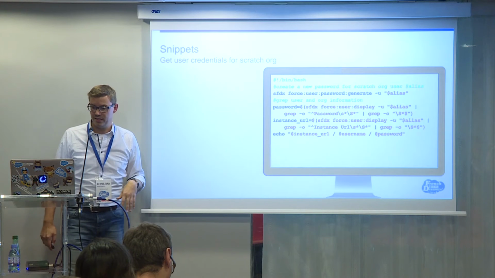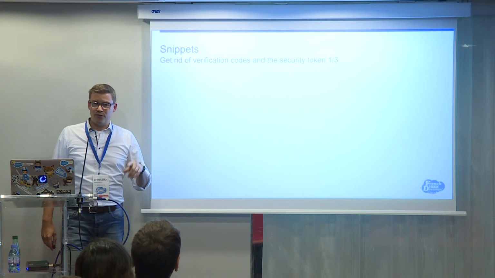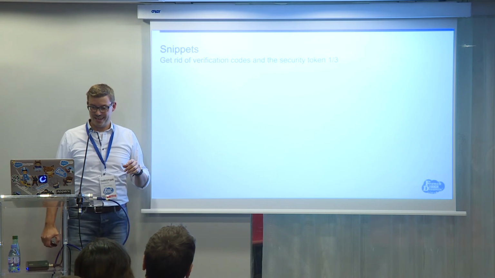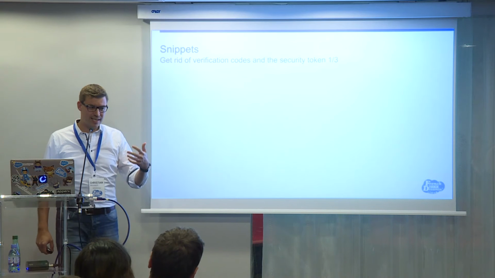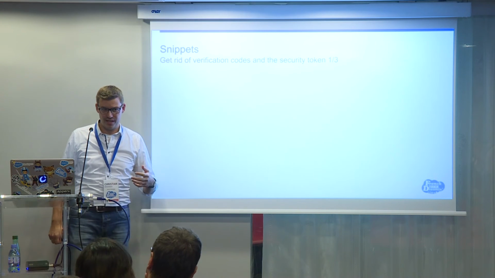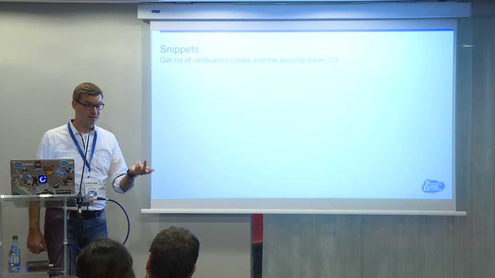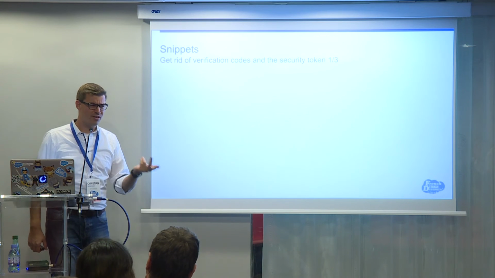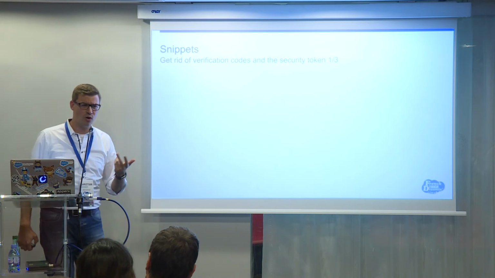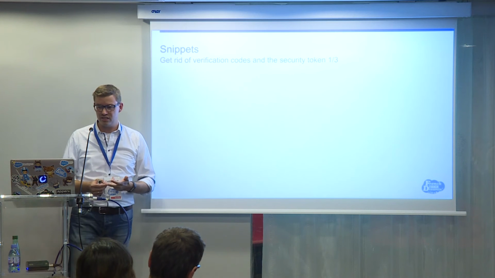One important thing, we had a discussion before: when we use Talend, it's using the SOAP API, and the SOAP API always needs username, password, and token. Oh, I have a scratch org token. In an automated process, a token is not a good idea.